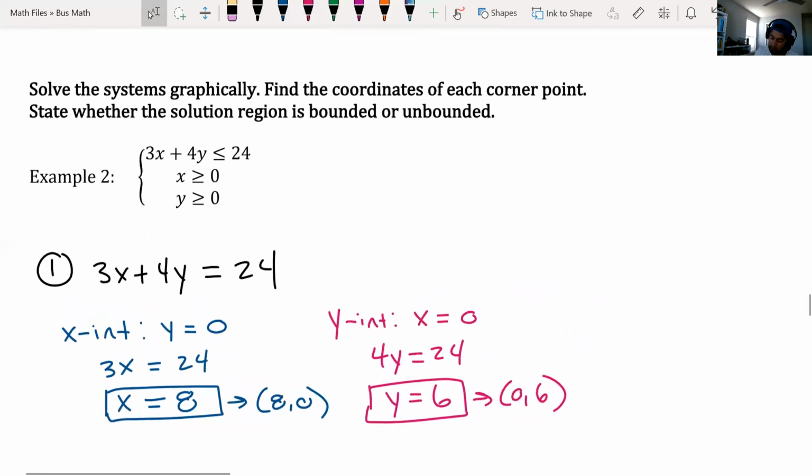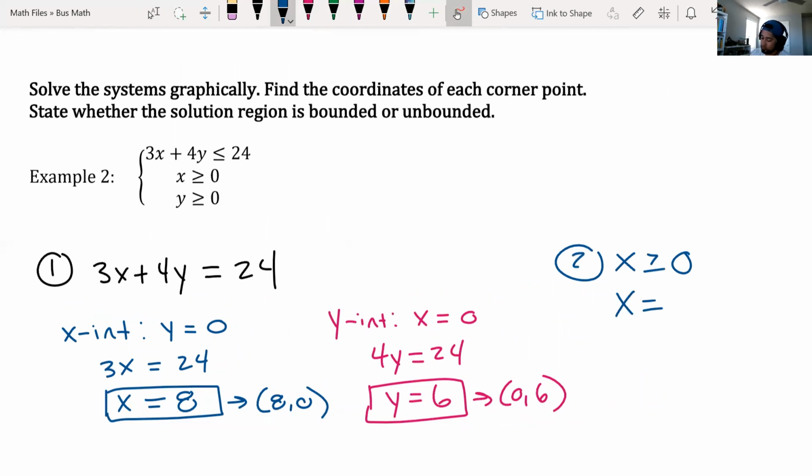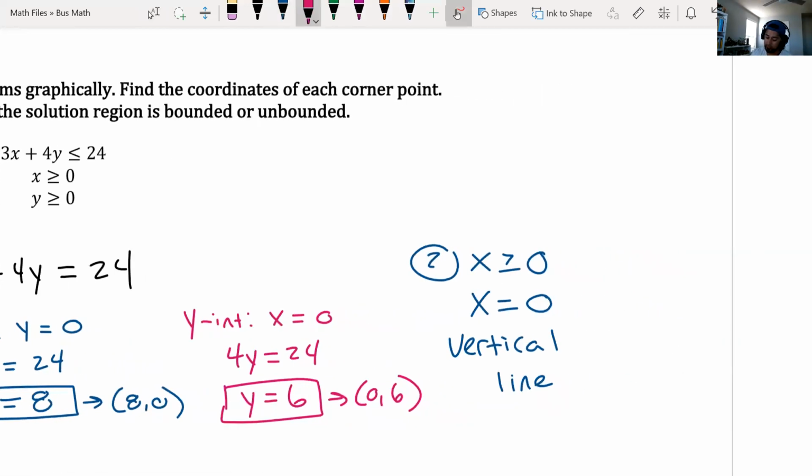Okay. And then for the other equations, I'll say equation 2, x greater than or equal to 0. Once again, that is a non-negative restriction. So we get x equals 0, another vertical line. And the same can be said for the next one.